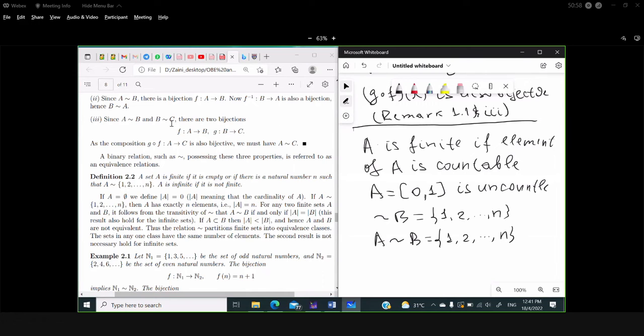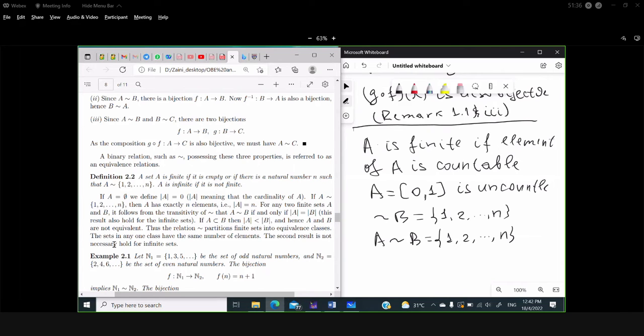You will see which set is finite and which set is infinite. I think this one is uncountable. Another kind of finiteness is actually boundedness. There are two types of finite set. One is a bounded set. So A is a bounded set, but the elements of A are uncountable. So that's why you will see.